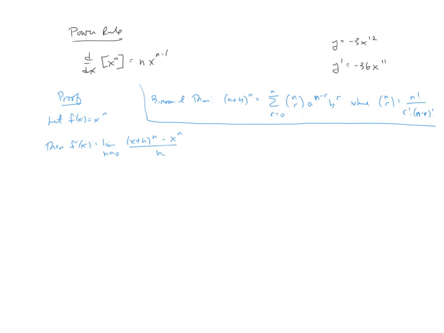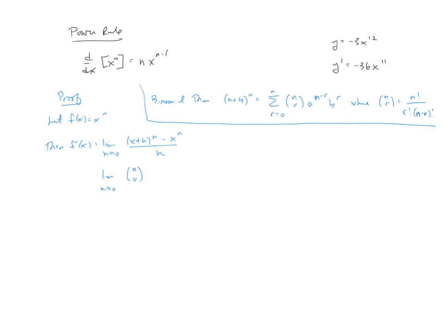So we have our limit as h goes to 0. Remember, carry that limit notation all the way down until you're finished evaluating. It would start with n choose 0. Our power is n, and we start at 0. That's why we have this n choose 0.